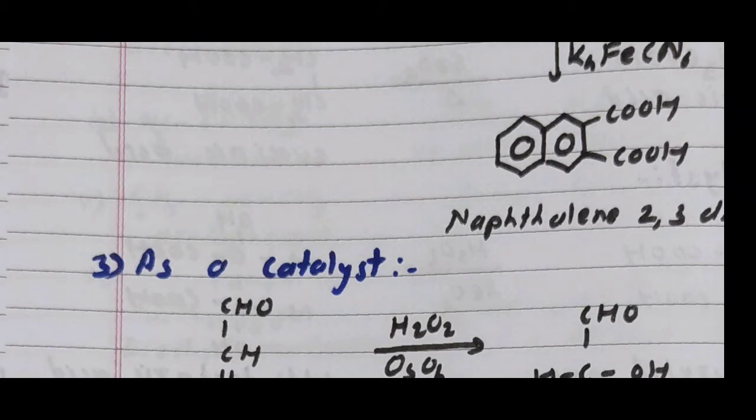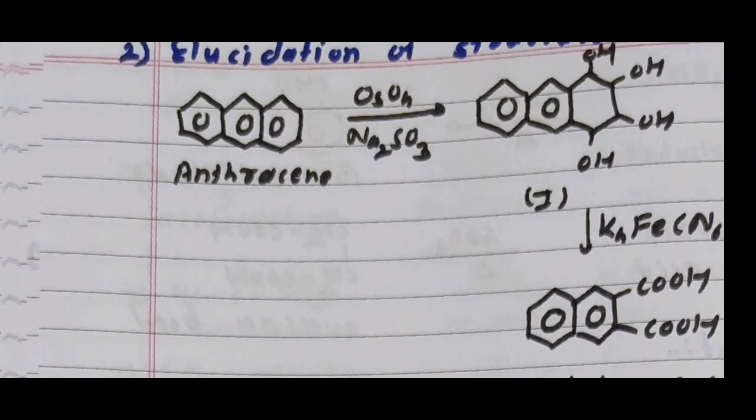The structure of the product, naphthalene-2,3-dicarboxylic acid via the tetrol, implies the fusion of rings in a linear manner. Therefore the anthracene structure is linear in nature. This is the application of OsO4 in elucidation of structure. Anthracene in presence of OsO4 gives formation of a tetrol.